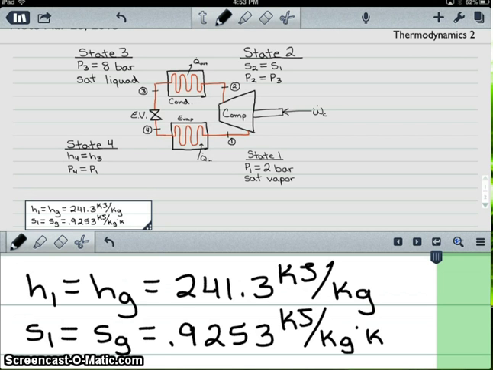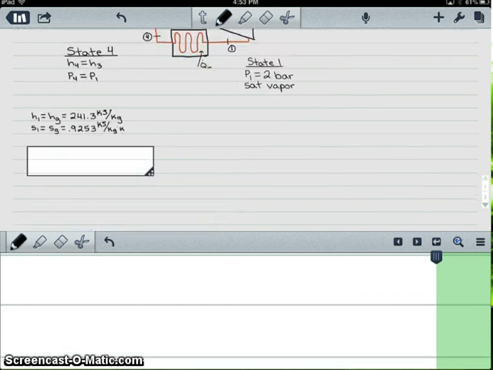Now, since compression is isentropic, s1 equals s2, or you could say that s2 is equal to sg at 2 bar.